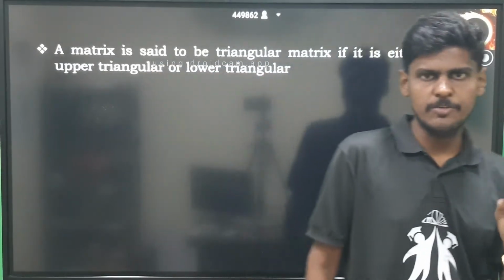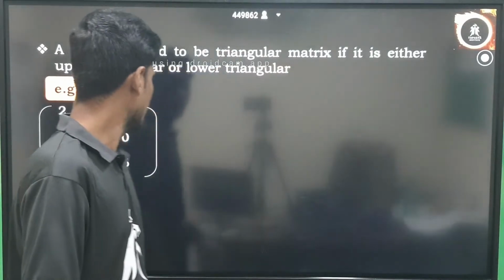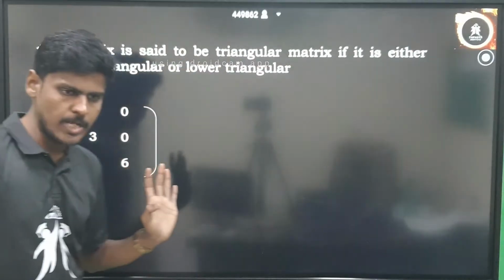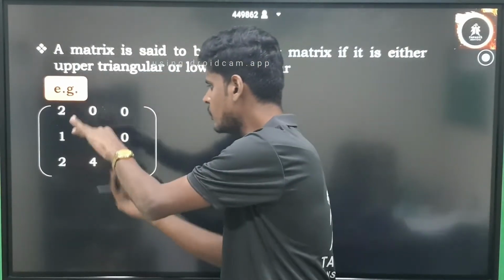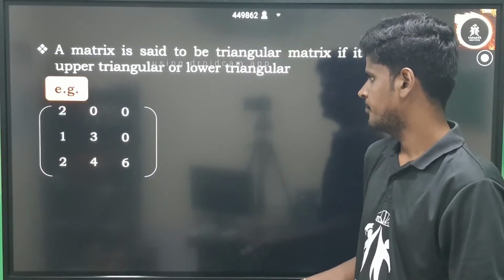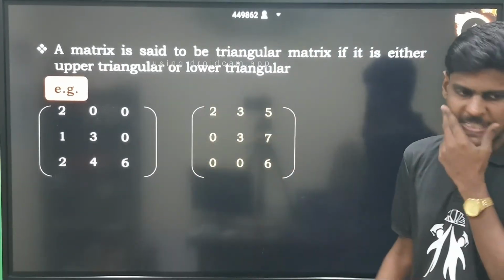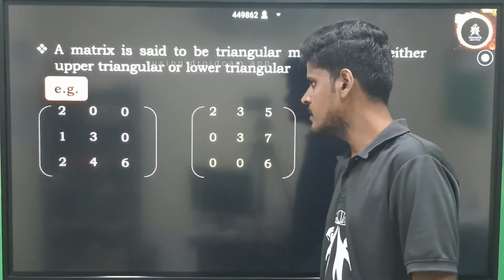We need not specify if it is upper triangular or lower triangular. For example, this matrix is called a triangular matrix. In specific, if you want to say what this matrix is, it is a lower triangular matrix. And this is an upper triangular matrix. In general, we call both these matrices just triangular matrix.